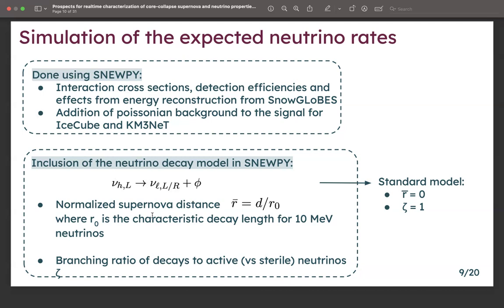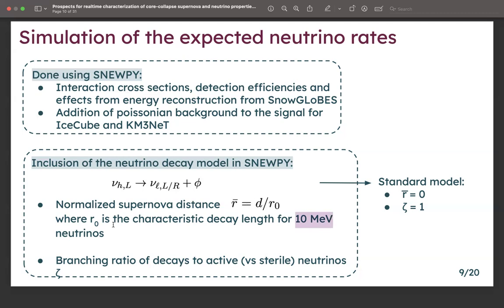One is the normalized supernova distance R bar, which is d over R0, where d is the proper distance to the supernova, and R0 is the characteristic decay length for 10 MeV neutrinos, where 10 MeV is the most important energy considering neutrinos from supernovae.